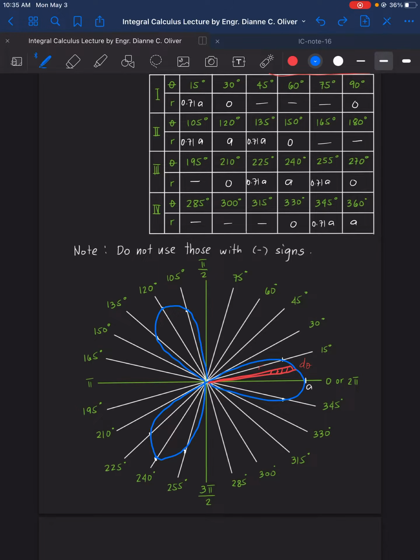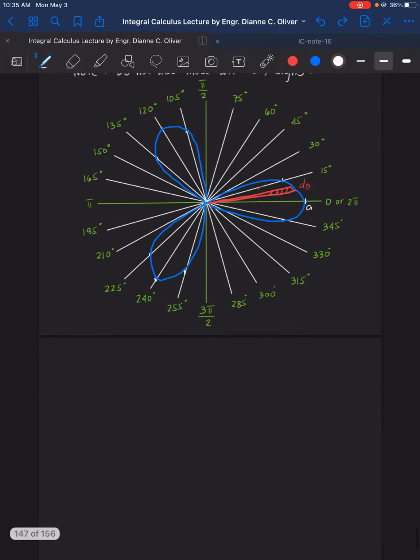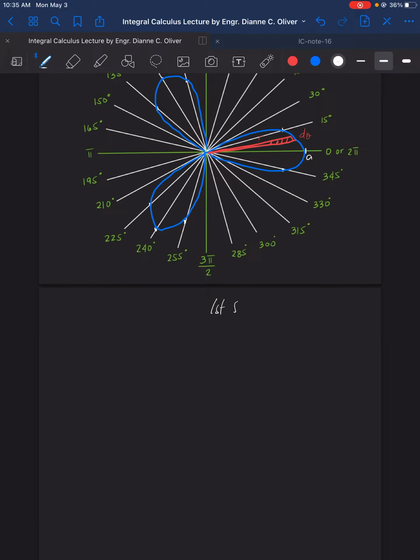And then the 120, which is the a. So let's have the first solution. Half petal. So area is equal to again 1/2 integral of r squared d theta, alpha to beta. So that's our area.